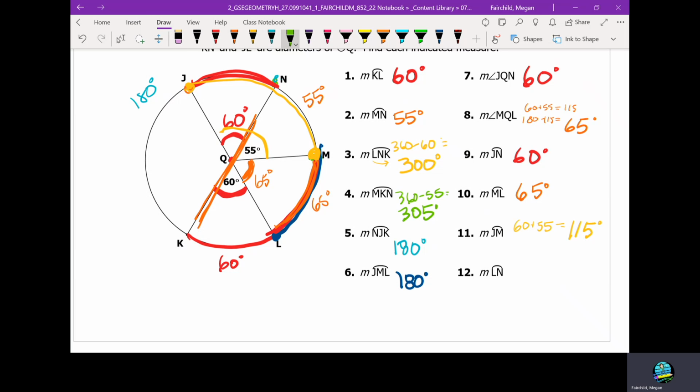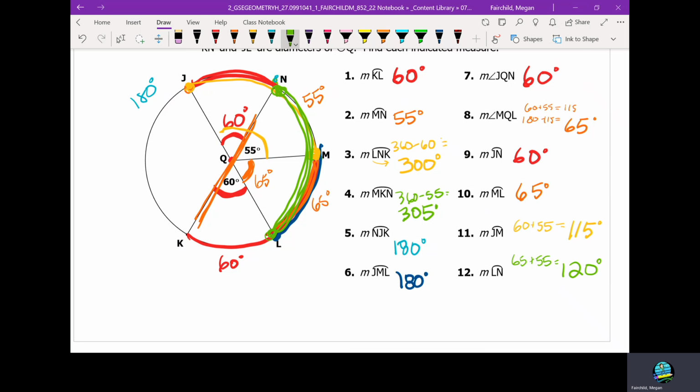And then last is LN. Again, it's a minor arc, so we're going to go this direction. So it's less than 180, right? Or equal to, well, no, less than. LN would be 65 plus 55, which is 120 degrees.